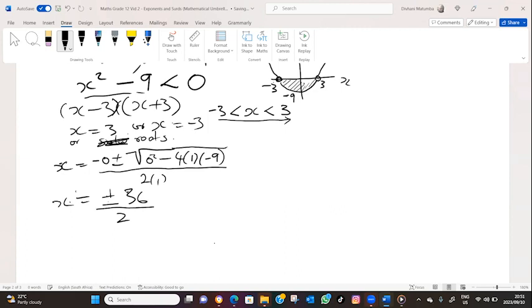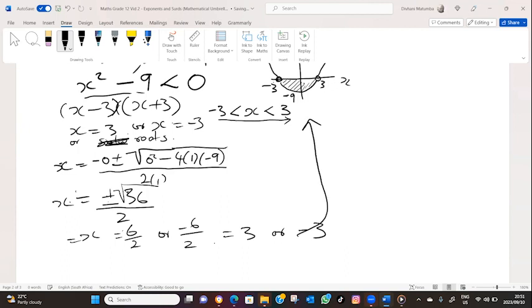The square root of 36 is 6. So x equals 6 over 2 or minus 6 over 2. This is 3 or minus 3. So from here, we can go and use those solutions.